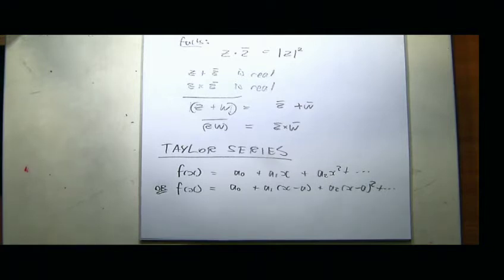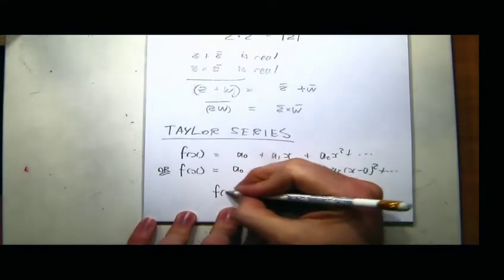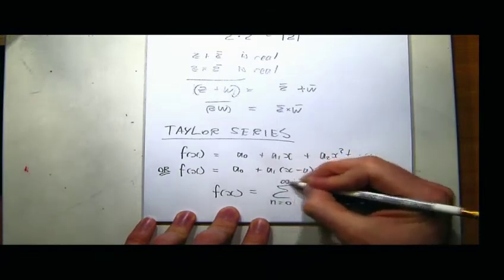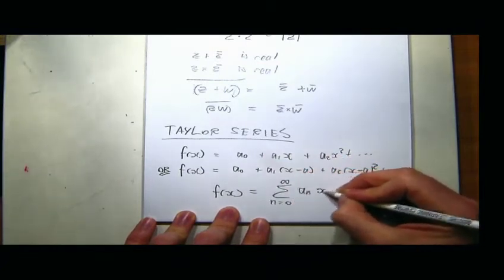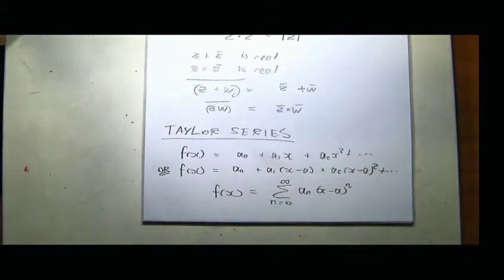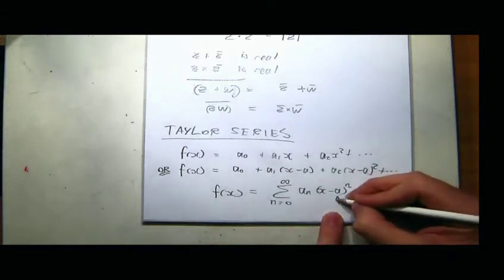So a series in maths is anything that's added together, and you normally write them as an infinite sum with a sum sign, right? And this a here is called the centre.